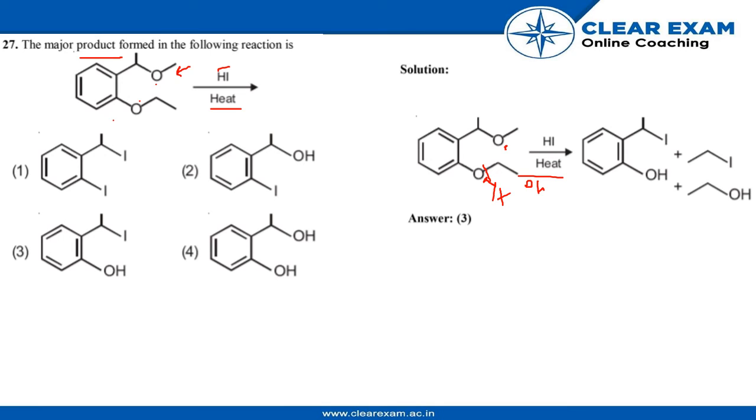Here it exchanges O with I, and here also, so the resulting chain will be like this, as you can see.